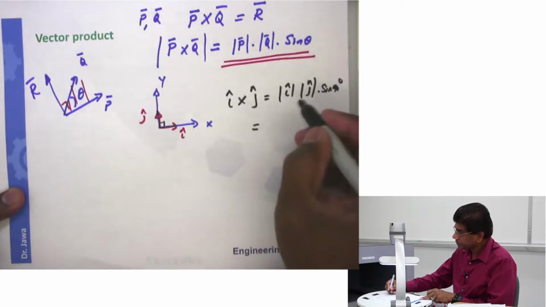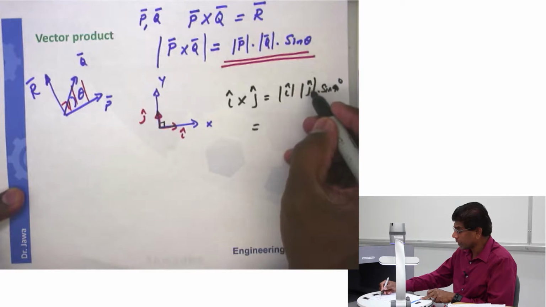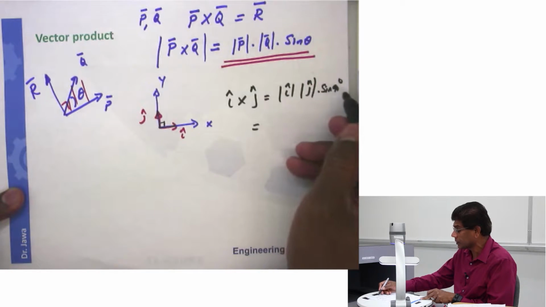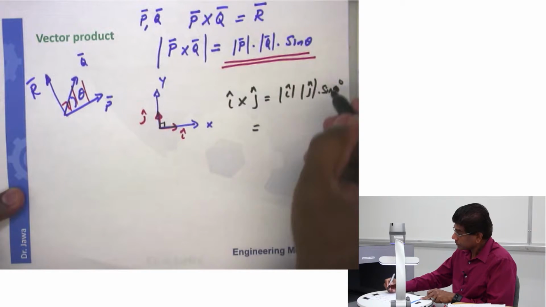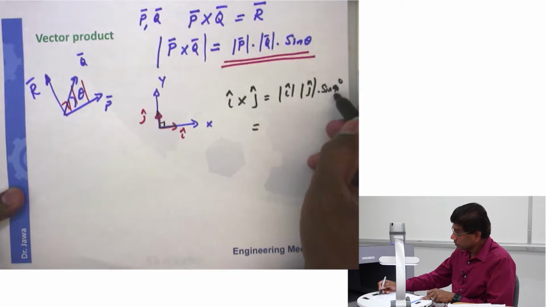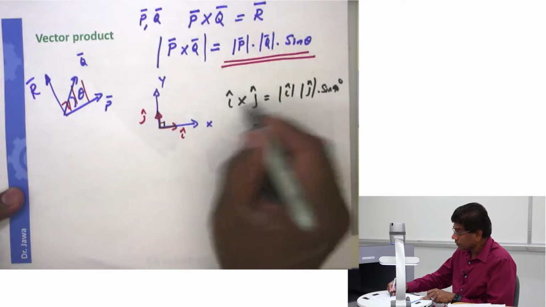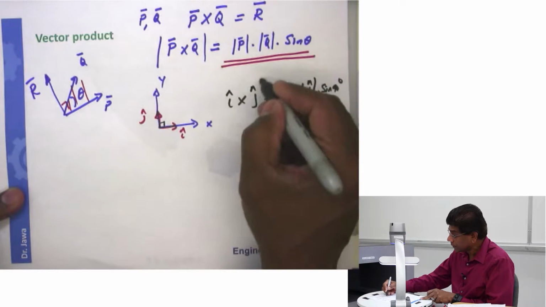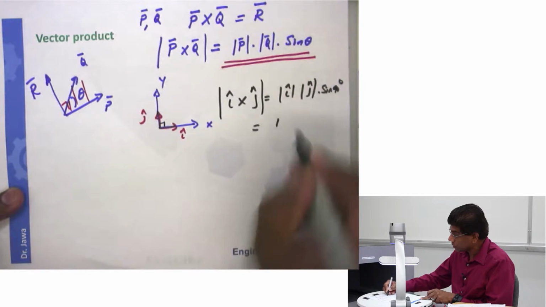And if I did that, magnitude of I and magnitude of j is 1 and 1, so multiplying 1 by 1 gives nothing. And sine 90 is equal to 1. So the magnitude of the resulting vector I cross j is equal to 1, right? The magnitude of this vector is going to be 1.